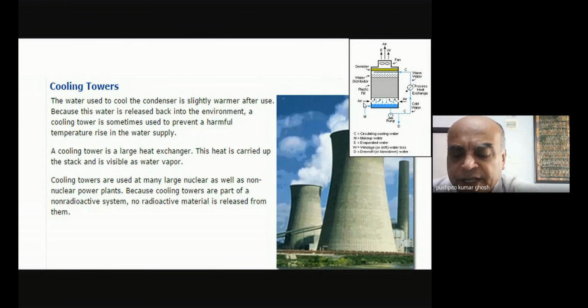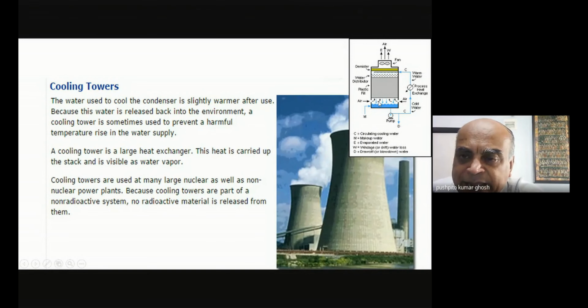The humidity of the air will keep going up as your temperature goes up. It can absorb more and more water. So as the air is going up and the hot water is coming down, the air will convert some of the water into water vapor, which will get entrained along with my air and come out.